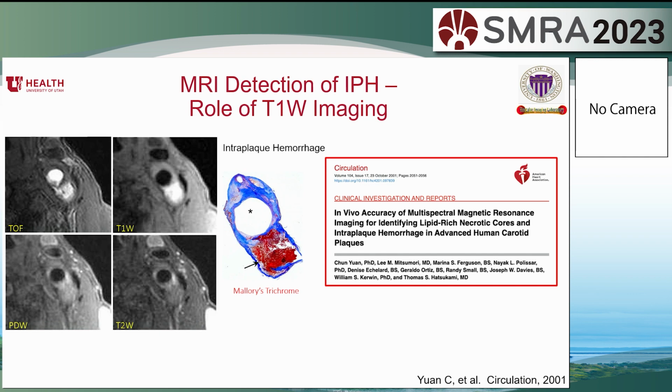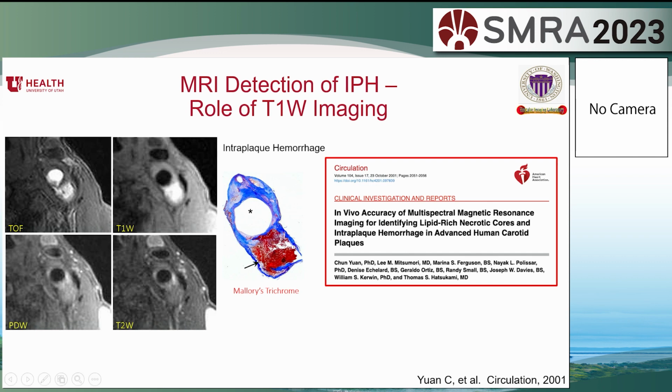And what is really striking here is that the entire plaque bulk contains mainly intraplaque hemorrhage. Before this, people probably did not pay much attention to the presence of intraplaque hemorrhage and whether it has any impact in terms of risk.